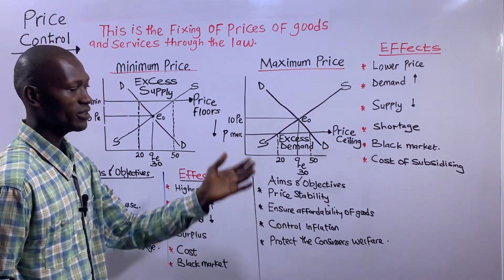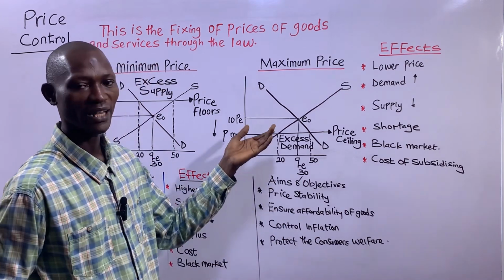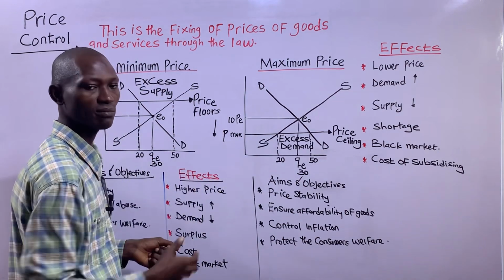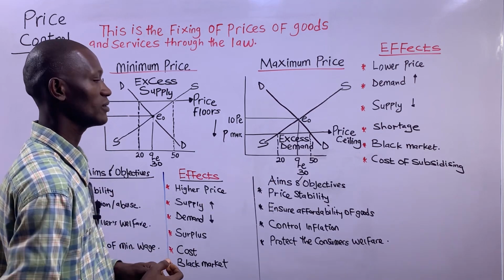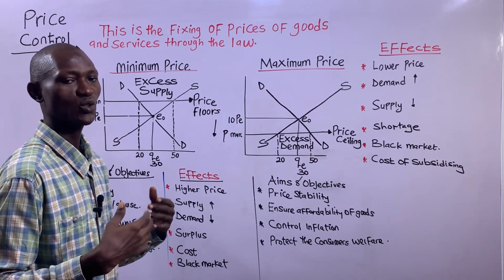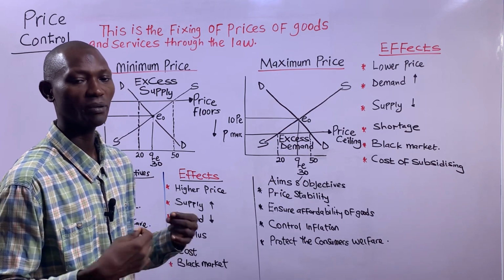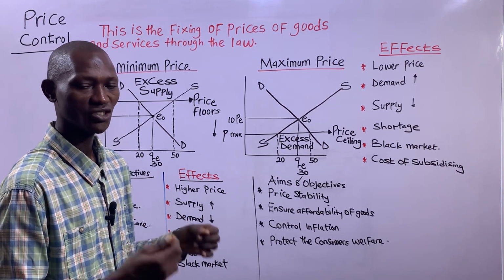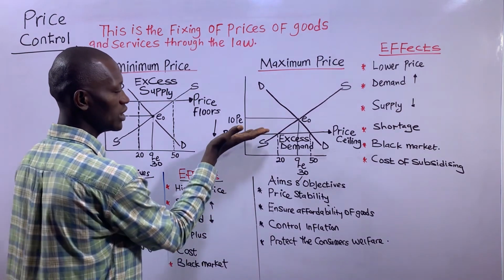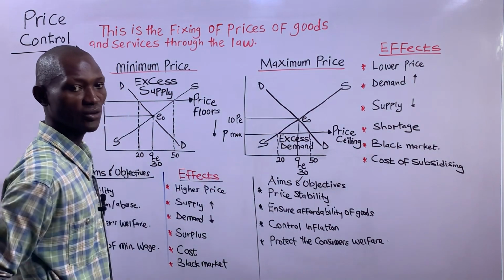So what are the instances in which governments could implement maximum price legislation, which we also call a price ceiling? One of the instances is to ensure that everyone is able to afford basic food items. That's necessity, essential food items. So the government will downplay the price by reducing it below the equilibrium.